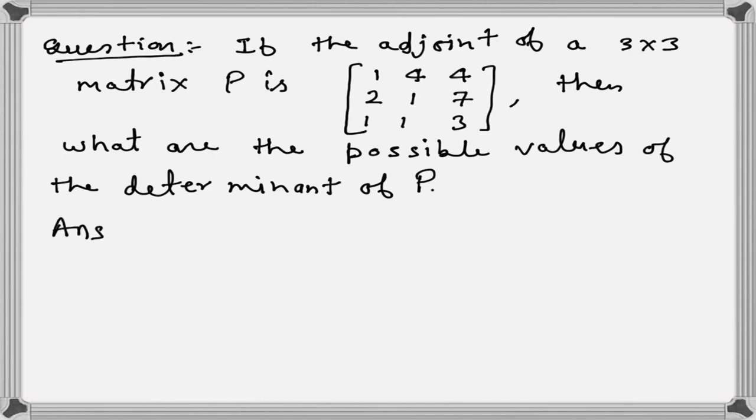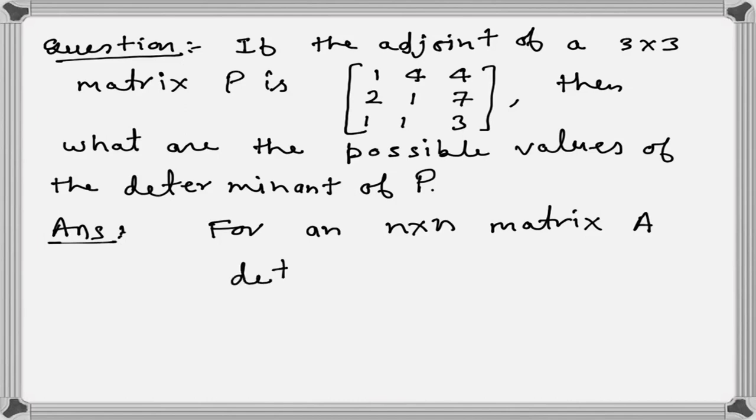So answer. Okay, so as we know that for an n cross n matrix A, determinant of adjoint A is equal to the determinant A to the power n minus 1.